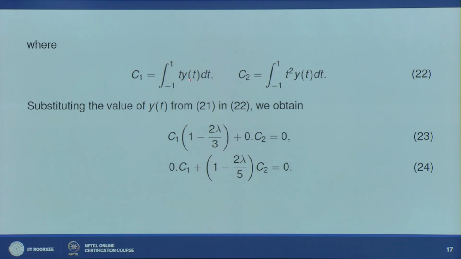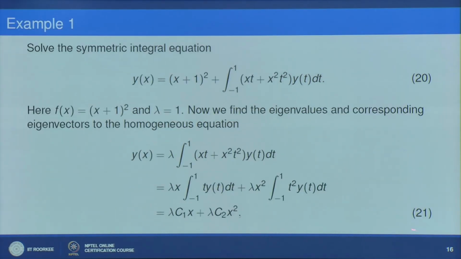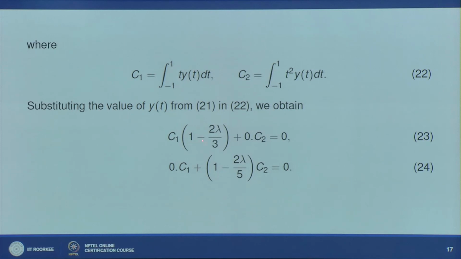So using y t given by 21, you can get two equations 23 and 24: c1 times 1 minus 2 lambda by 3 plus 0 times c2 equal to 0, and this other equation. Now if you remember, this is nothing but an algebraic equation, D lambda times c1 and c2 equal to this thing.